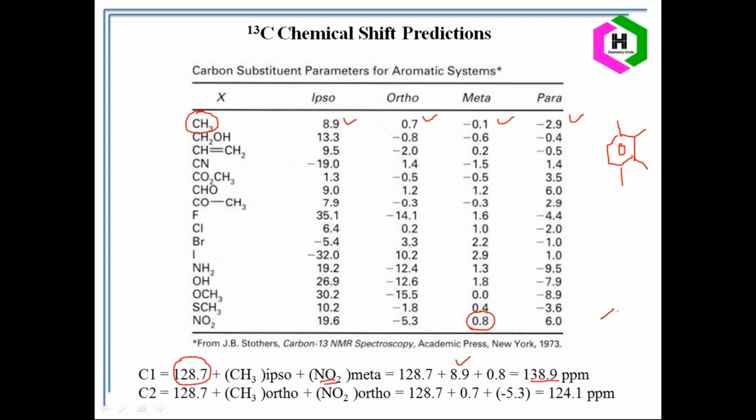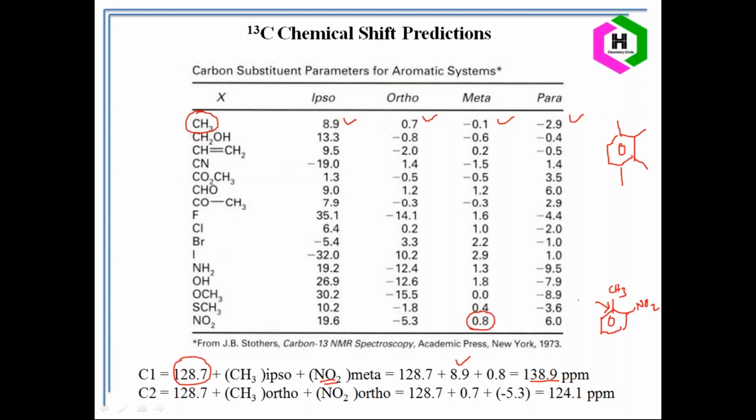That means if you have a benzene ring with a CH3 substitution at this position and NO2 at this position, you are going to get the peak at 138.9 ppm for the C1 carbon.